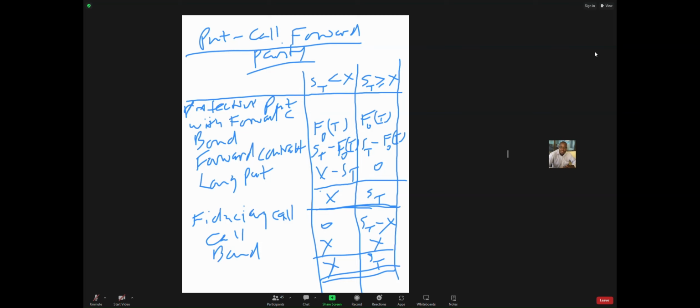The justification for putting the forward contract in the put portfolio is that the put is when you have the right to sell. So you are in a forward contract to actually buy, not to sell, to buy, because already the call is the right to buy.